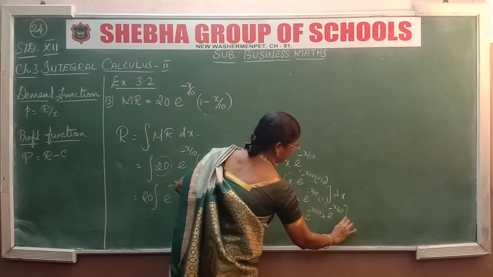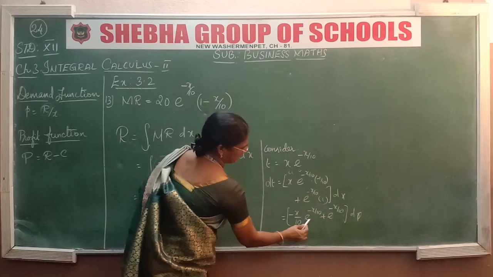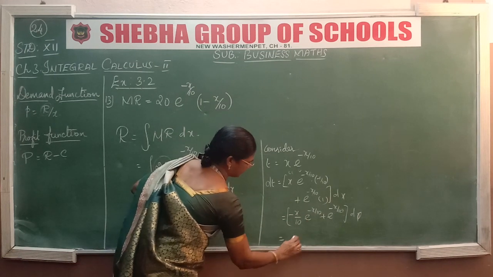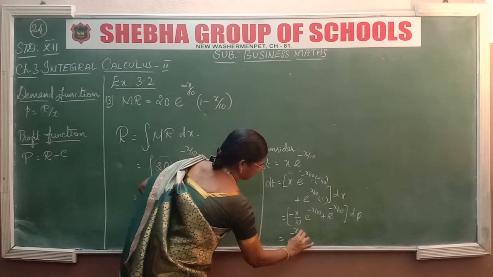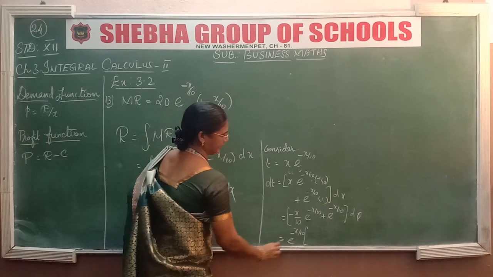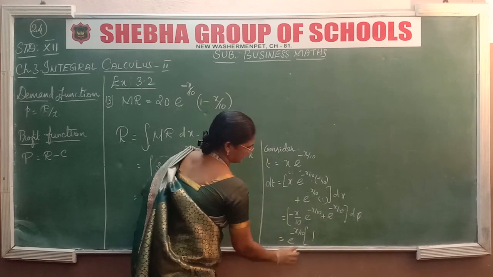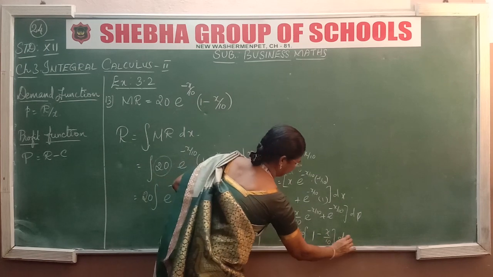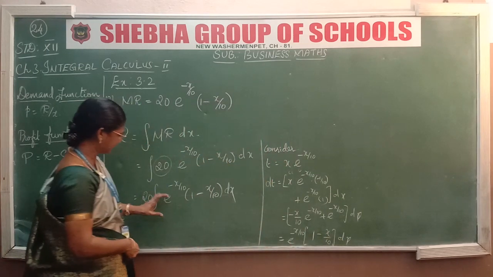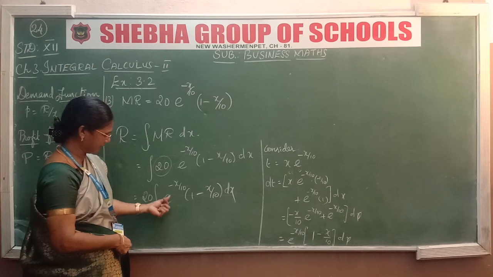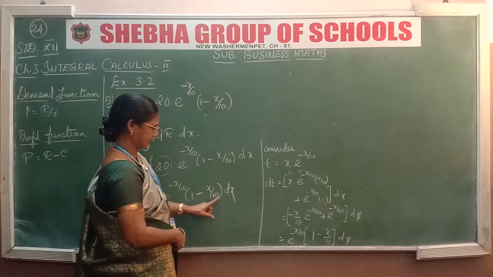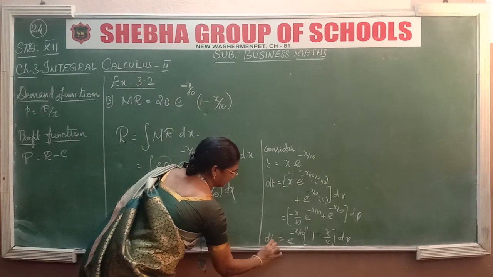Now listen, e power minus x by 10 is common. Taking it outside, this is positive, we get e power minus x by 10 into 1 minus x by 10 into dx. Listen, this is our integral function, e power minus x by 10 into 1 minus x by 10 into dx. This is our dt.